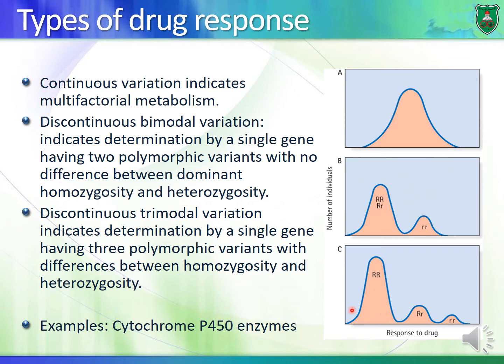Or you can have a trimodal drug response, whereby there is differentiation between homozygous dominant, heterozygotes, and recessive homozygous. Now, an example of enzymes that are critical for drug metabolism and that can determine drug response is the cytochrome P450 enzymes, liver enzymes.